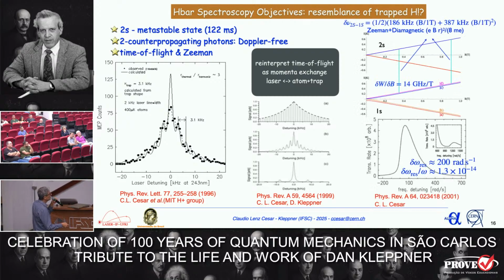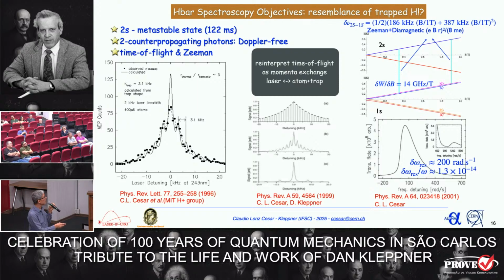And I also later extended this paper to show, in the presence of the magnetic field of the trap, where some atoms are at one field, some other atoms are at another field. This was an inspiration from Kleppner. And it turns out that this transition gets broadened by the fact that at different fields, the frequencies are slightly different. But luckily, the 1S-2S transition in hydrogen is almost field independent.